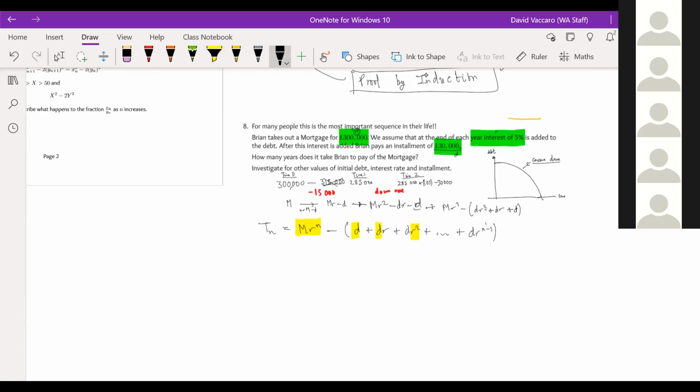Okay, so we've got MR^n. We've now got this bracket, but this bracket is just a geometric series. So we get D(R^n - 1)/(R - 1).